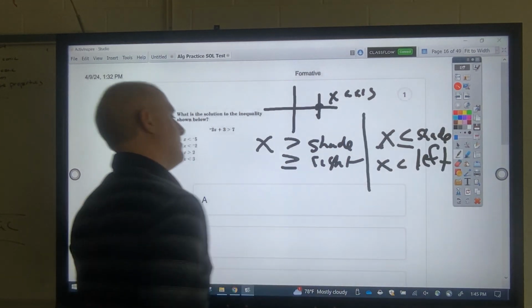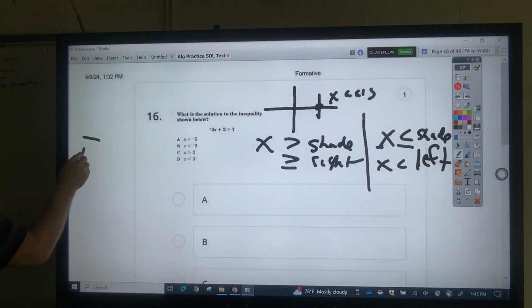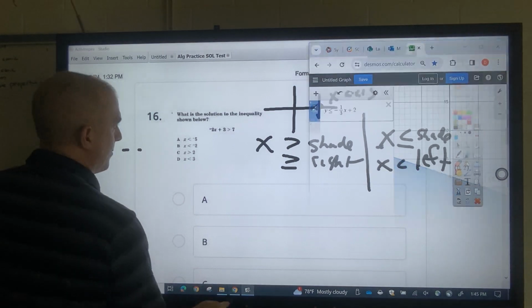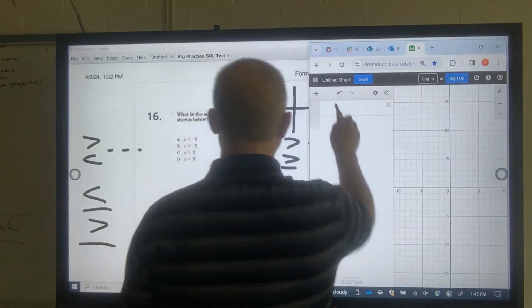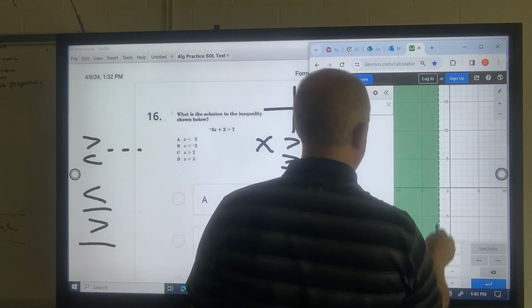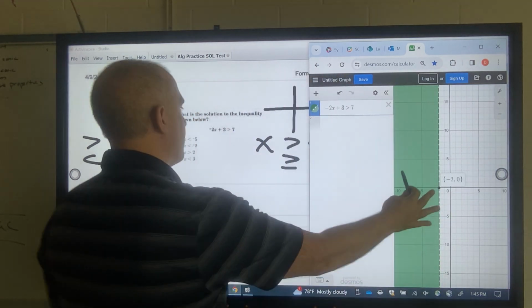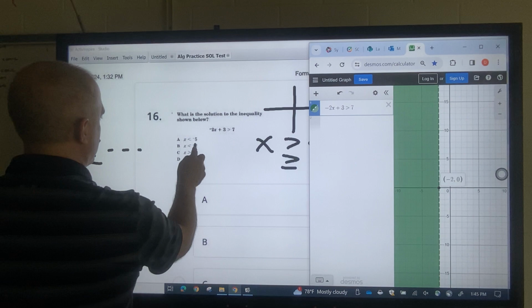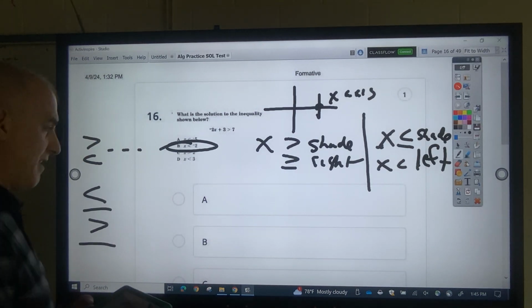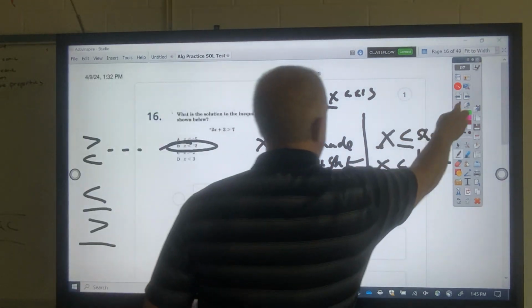The other thing is these have a dashed line, these are solid lines. So I've got negative 2x plus 3 greater than 7. That's negative 2, and since it's going left, I want to choose the x is less than stuff, because it's a left shading. It's that one.